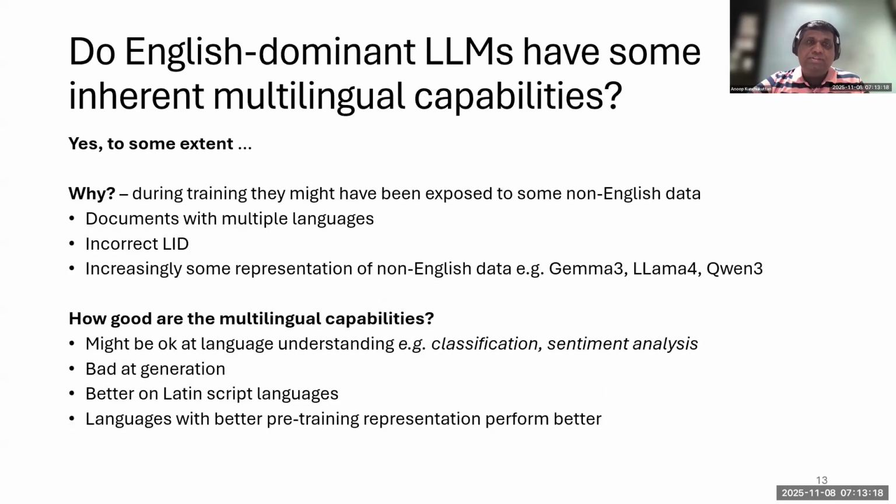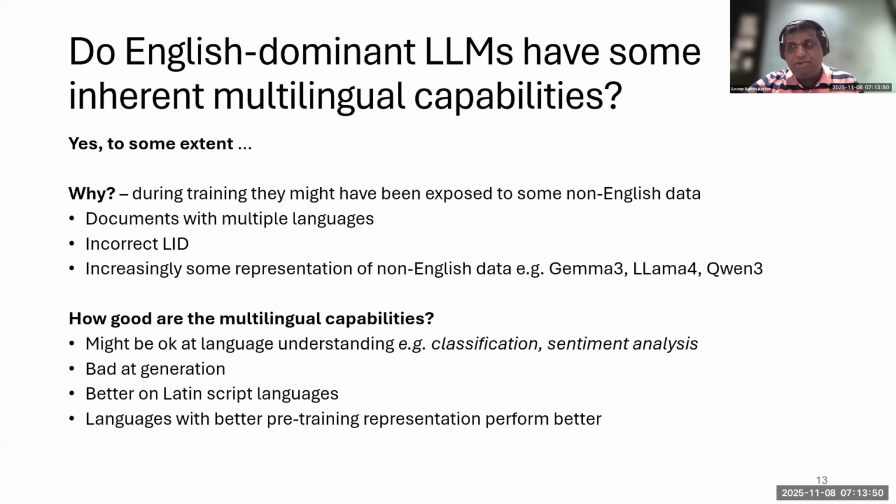Now the question is, if you want to extend English LLMs, do these English-dominant LLMs already have some inherent multilingual capabilities? Yes, to some extent. Why do they have it? Maybe because they have seen some non-English data during training. They would have been exposed to documents in multiple languages, and some data from other languages crept in. Incorrect LID could have resulted in some data from other languages creeping in.